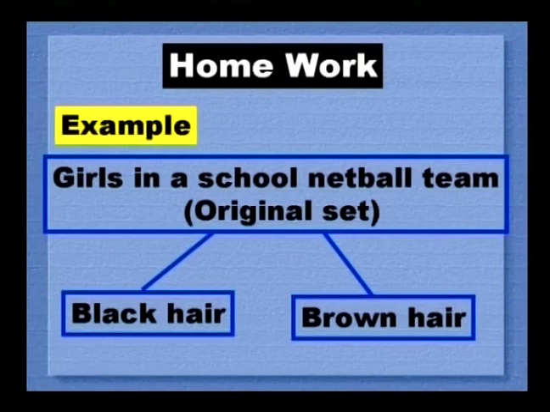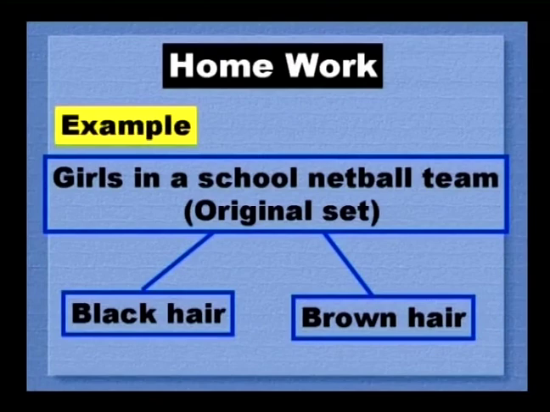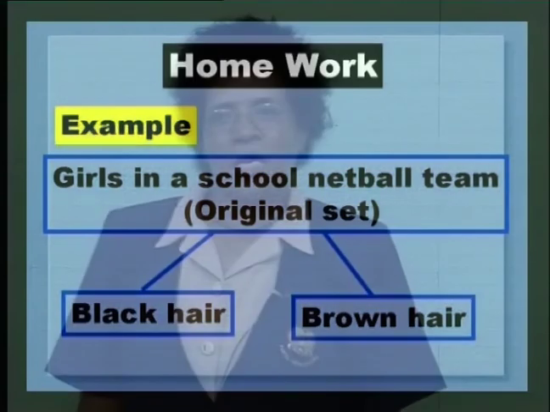That is the original set. And from that original set, we can have those girls into two groups, one having black hair and the other having brown hair. Receiving students, I hope you understand what to do, as well as the class. In the next lesson, we will have a look at your classification tree of this activity.